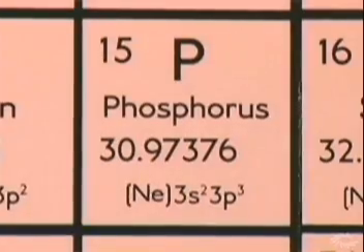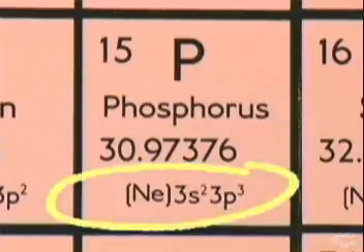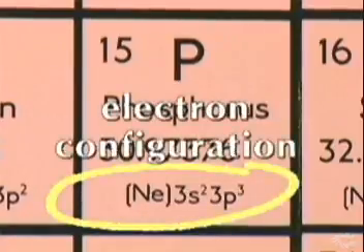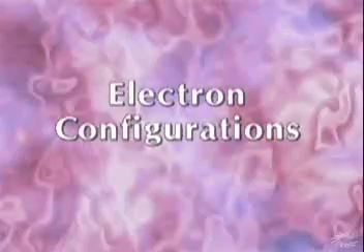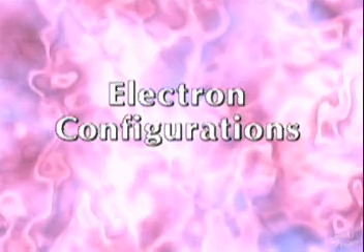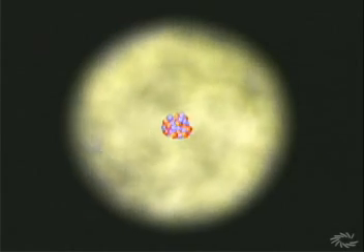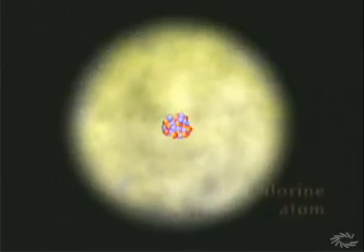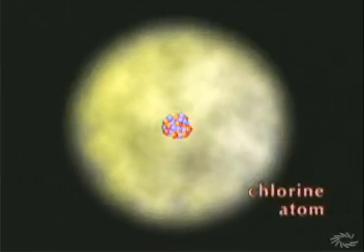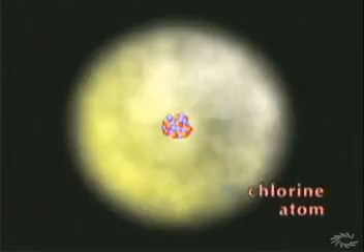The last number at the bottom of each square describes the electron configuration of the element. The nuclei of atoms are relatively stable, but the electrons move about the nucleus and can move from atom to atom.